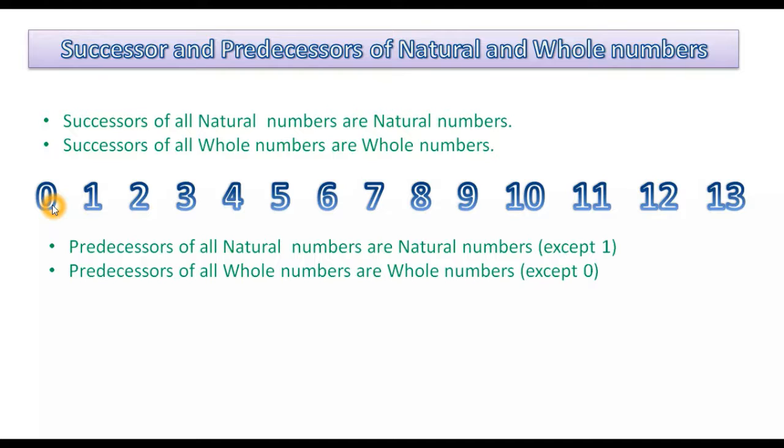Now, I'll give you one example to show why negative numbers exist before 0. Let's say you have 10 rupees in your wallet and you go to the market and buy a pencil for 2 rupees. How much is left with you? 8 rupees.